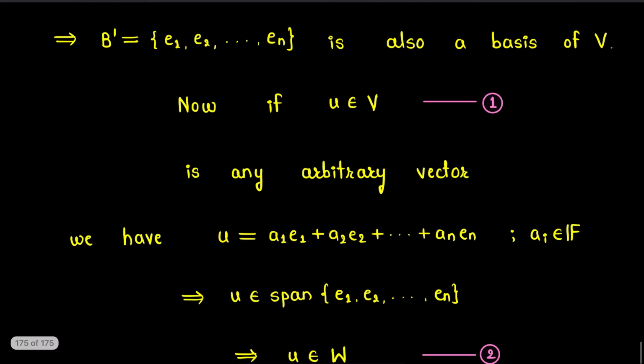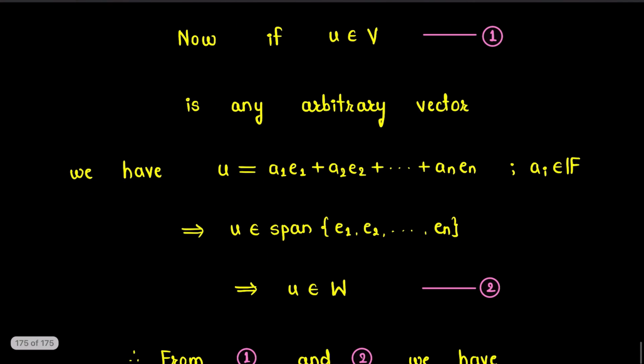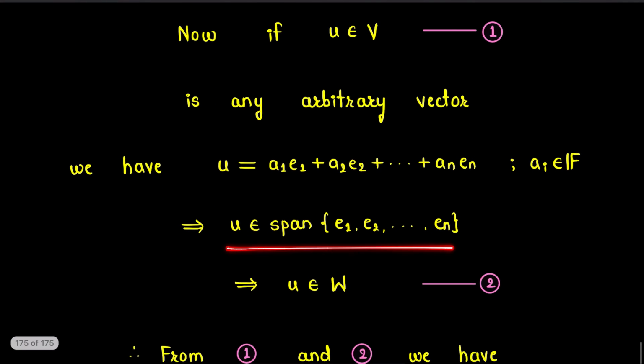Now let us consider any arbitrary vector, say u, in vector space V. Now since B dash containing vectors e1, e2 up to so on en is a basis of V, we can write this vector u in vector space V in this unique way, such that u is equal to a1 e1 plus a2 e2 plus and so on plus an en, where these ai's are unique scalars coming from field F. Now from here we can say that u belongs to linear span of these vectors e1, e2 up to so on en.